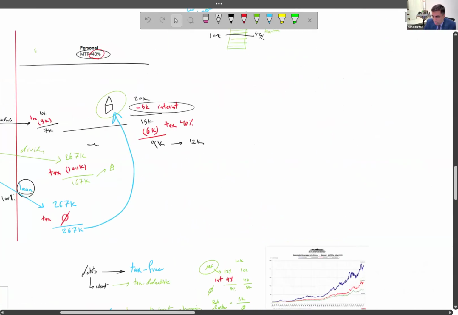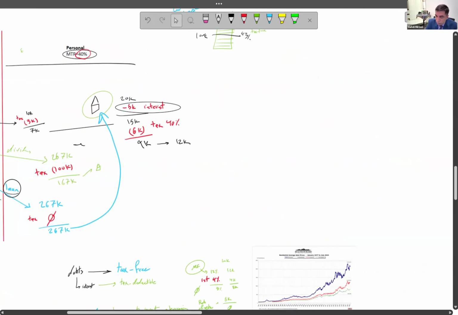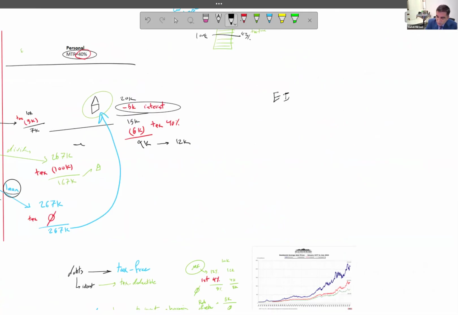So I want to introduce you to this concept. It's called effective interest rate. So let's say that we borrow at 5%. And that money is invested, so the interest is deductible. And our marginal tax rate is at 50%.